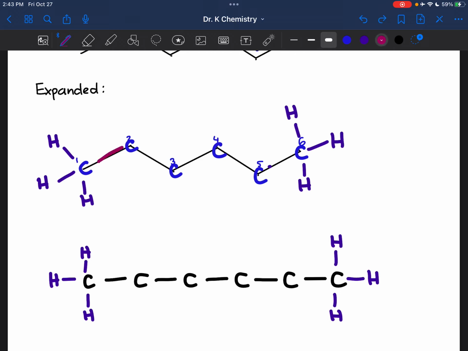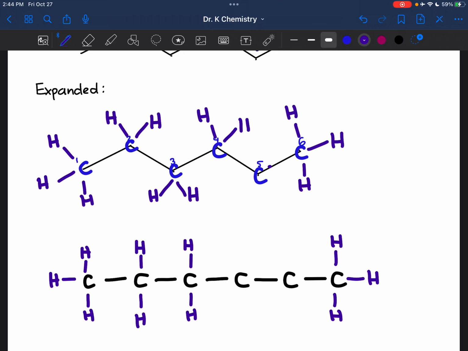This carbon contains 2 bonds, which means it needs 2 hydrogens to complete its octet. And that is the same scenario for every other carbon in the middle of the structure. So this carbon has 2 bonds, which means it needs 2 hydrogens. Same with this carbon. And same with this carbon. And that takes me into my expanded structure of hexane.